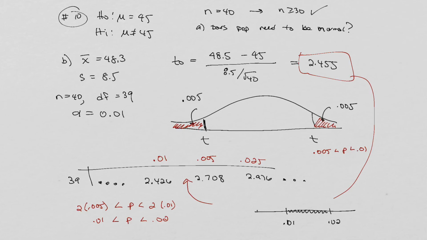Alpha is just outside it, right here. So it looks like it just misses. Alpha equals 0.01, and the p-value is bigger than this and less than this, but since it's bigger than this number, I know that we do not reject.